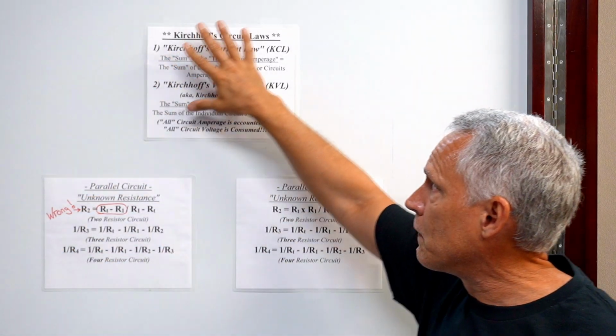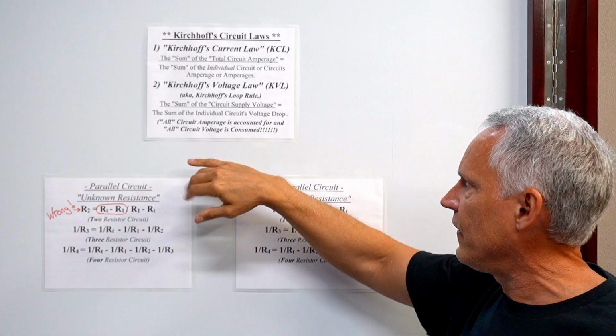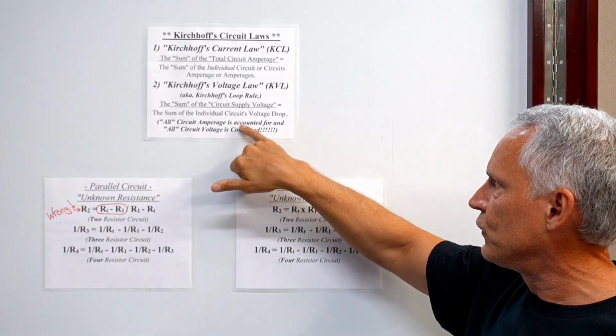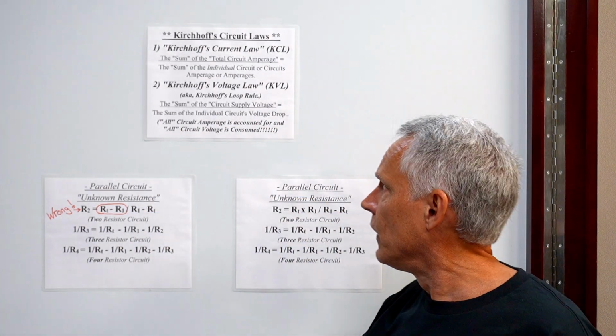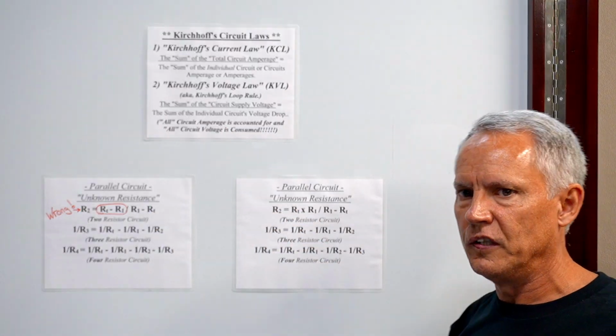All right, so I want to break it down even a little bit further to say that all circuit amperage is accounted for in a circuit, and all circuit voltage is consumed.